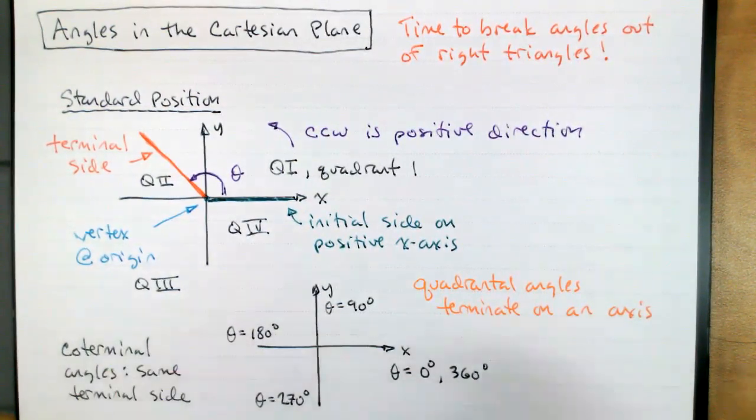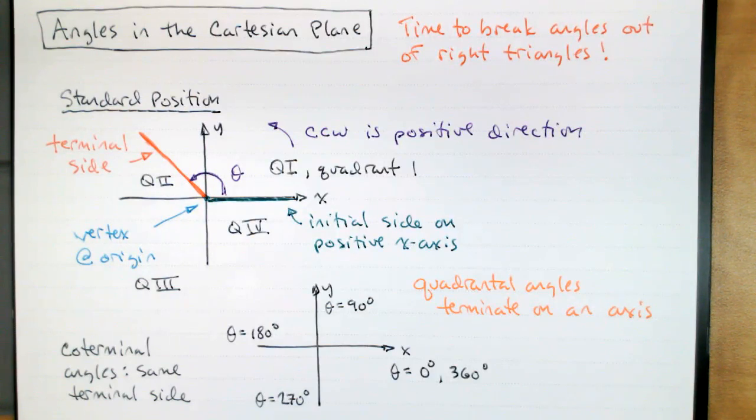So because we're going around in circles like this, we have this new idea of coterminal angles. These are angles in standard position that have different measures but are in the same location. This doesn't happen on the real number line. If you have two different locations on the real number line, they'll have two different values.